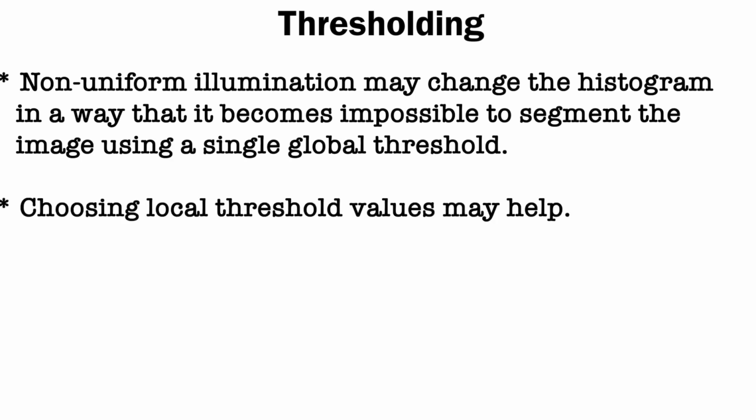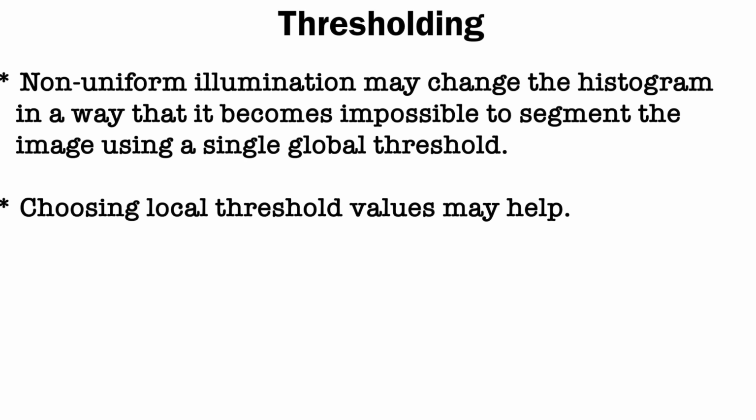Non-uniform illumination may change the histogram in a way that makes it impossible to segment the image using a single global threshold. That is why we use multiple threshold values for these types of noisy images which have non-uniform illumination.